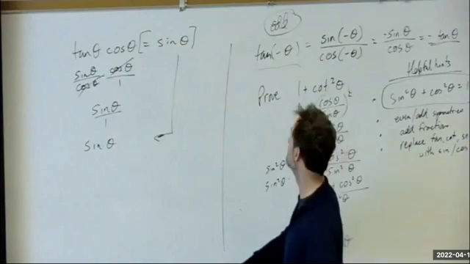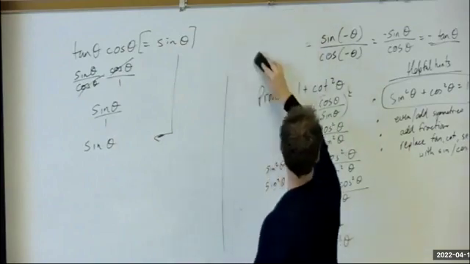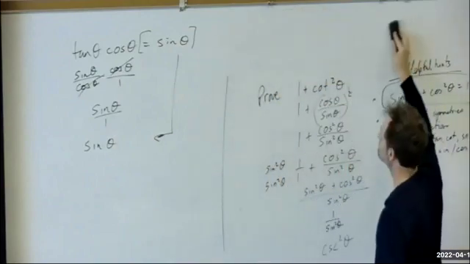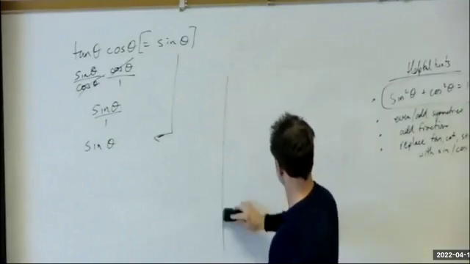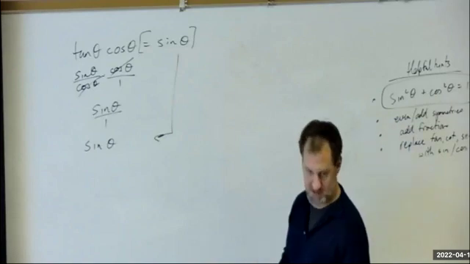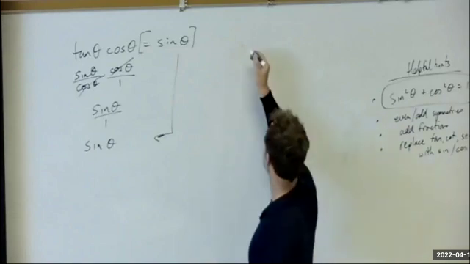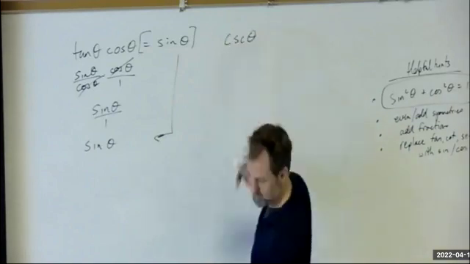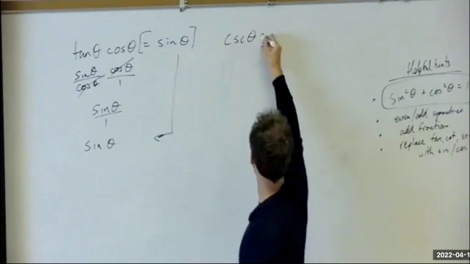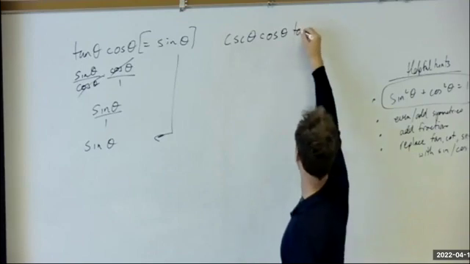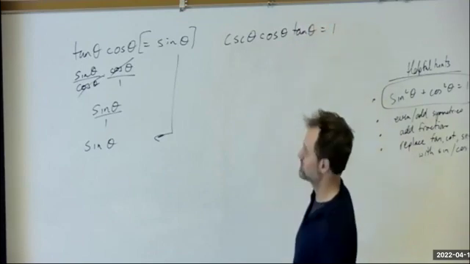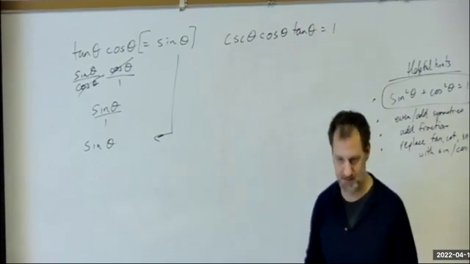Let's try another one. This is hard in the sense that the math feels different than what you're used to, because you're used to solving a problem and giving an answer. The point here is to start at one place and end up at another place.